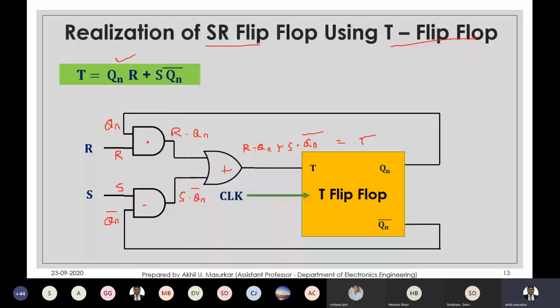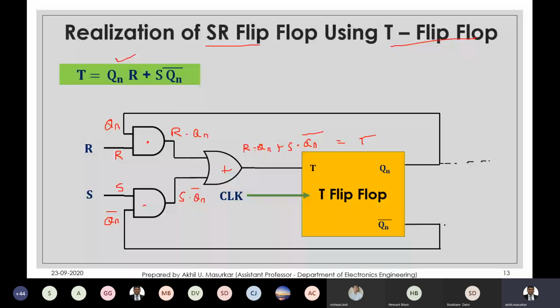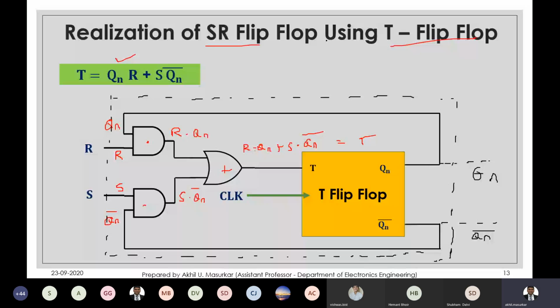So if you look at this thing as a black box, here we are having this flip flop will have output as Qn bar, and if I put it in one black box, we can say that this is a SR flip flop, but actually inside we have some hardware plus T flip flop.